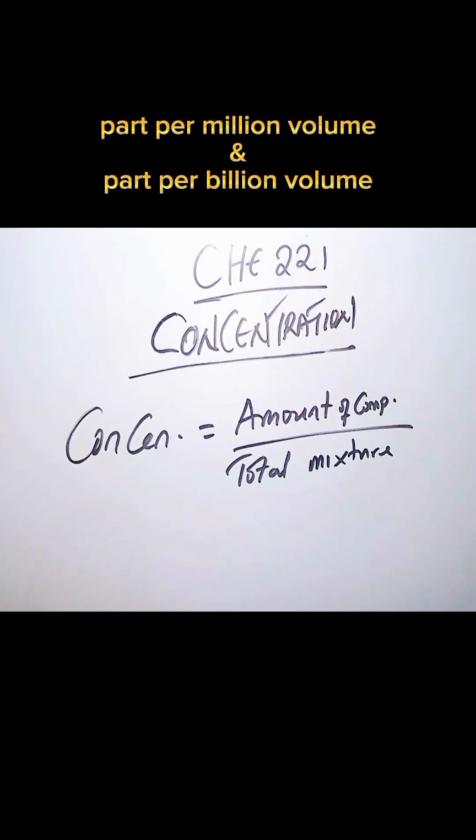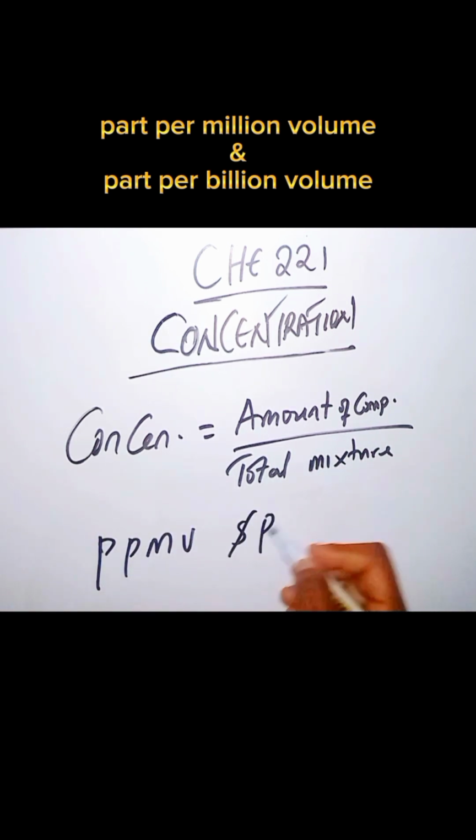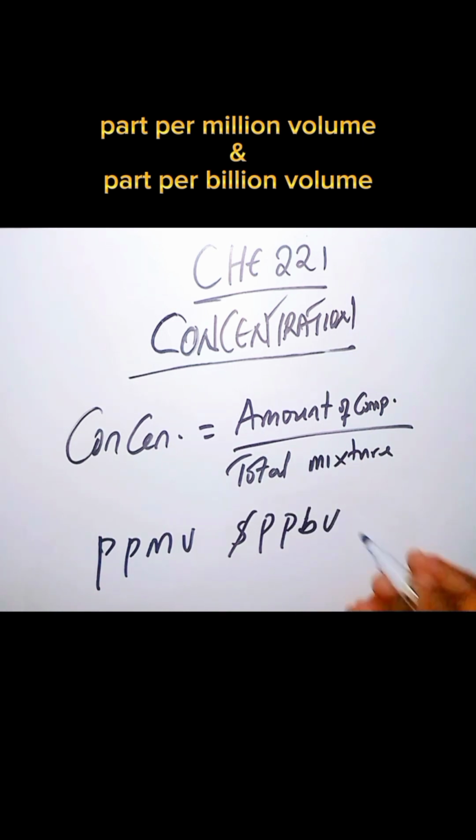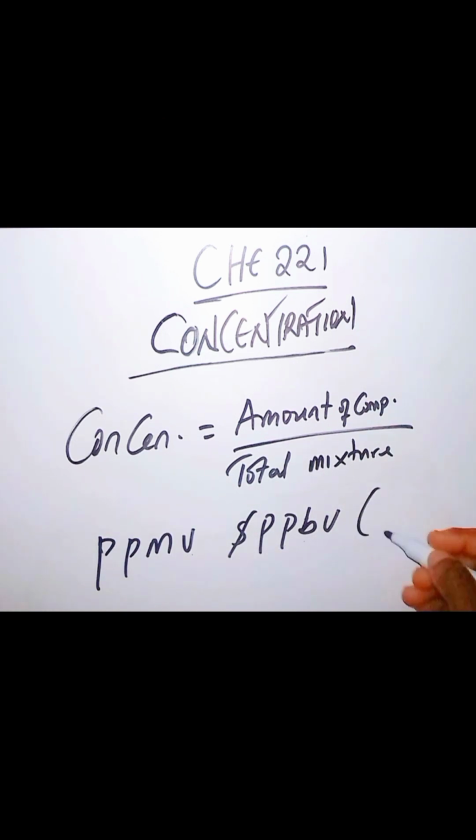Concentration can also be expressed in parts per million volume. These are mostly used for gases.